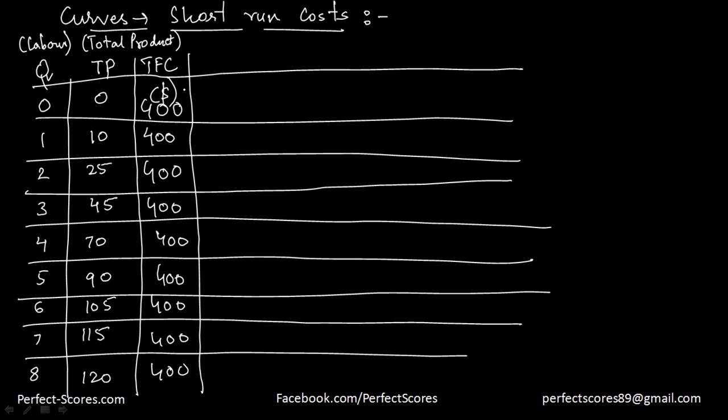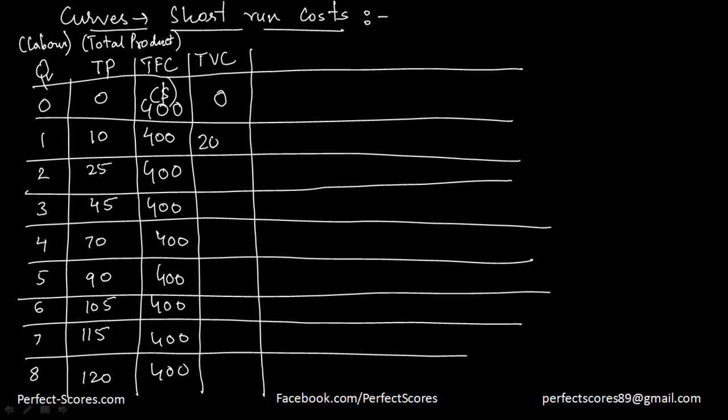Now let's put in the total variable cost. This is something which increases with respect to your quantity of variable factor employed. So again, let's keep it in increasing order.